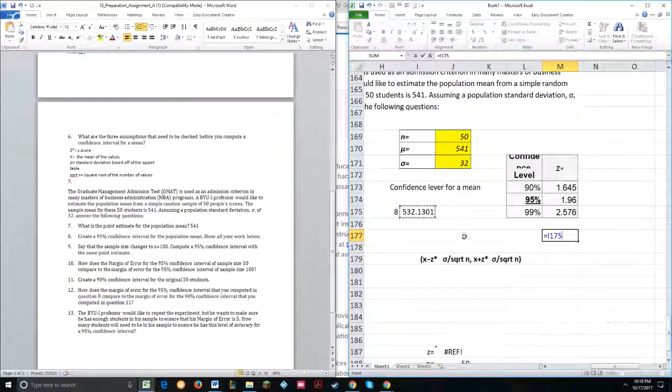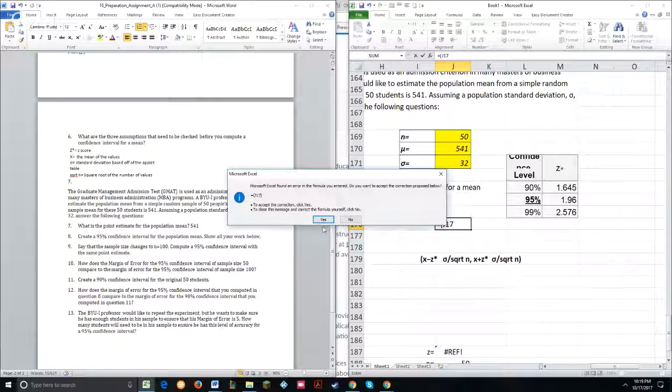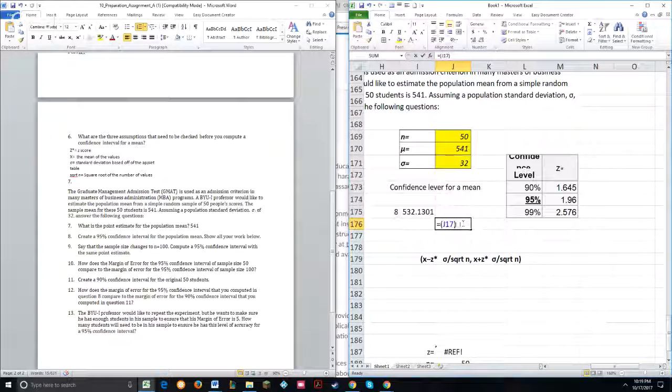So I'm doing something wrong with Excel then, right? Just in that Excel, that cell right there, put equals, parentheses, standard deviation divided by this. Hold on.